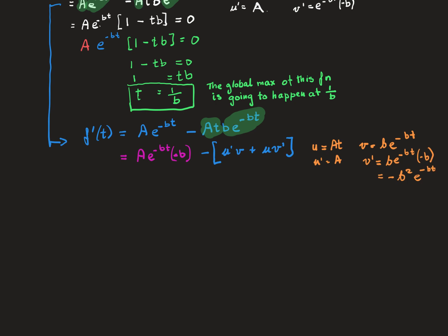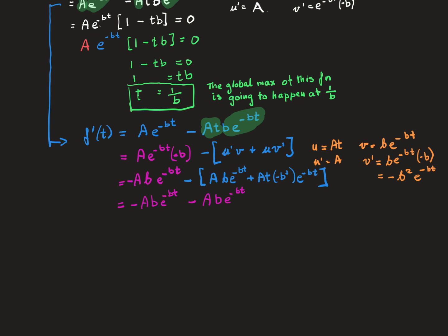Now we just need to substitute this and tidy up a little bit. So that's minus ab e to the minus bt minus everything inside the brackets. We'll start with u dash. So we have a. So what can we do now? I would just rewrite the whole thing from inside the brackets. We'll just have ab e to the minus bt minus ab e to the minus bt.